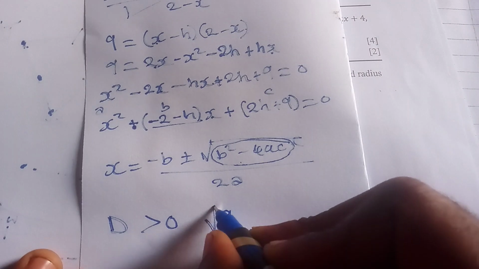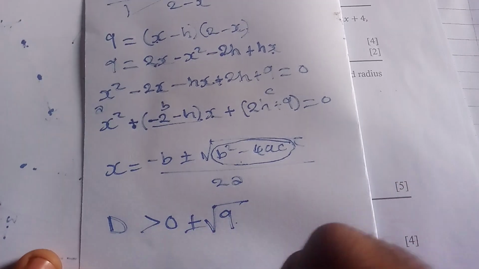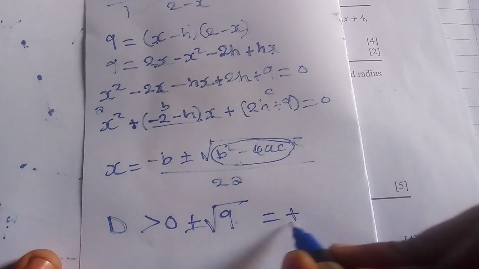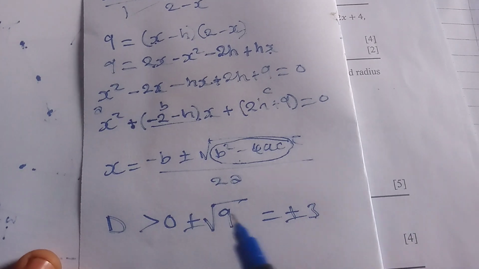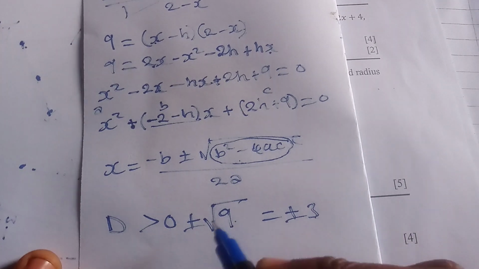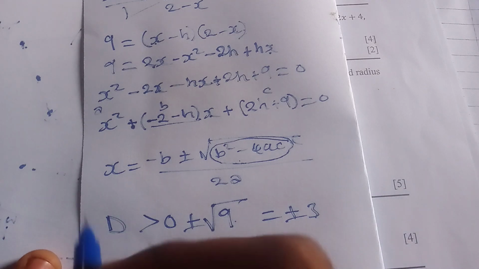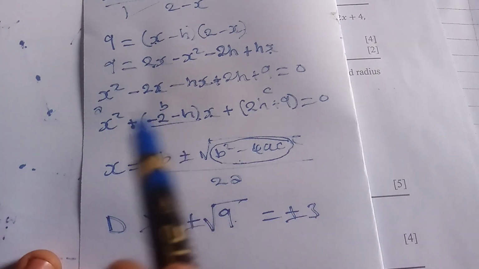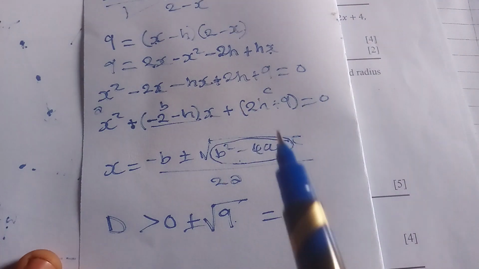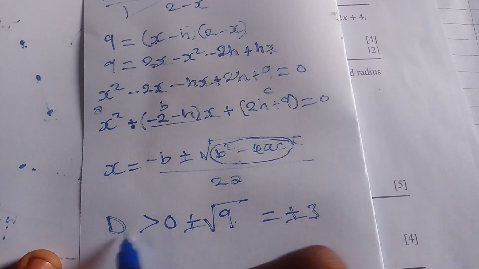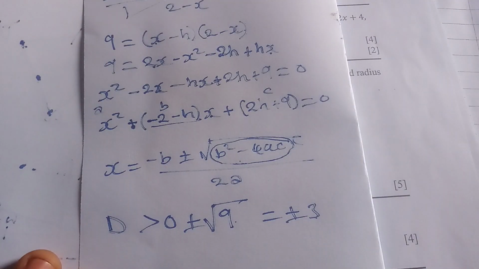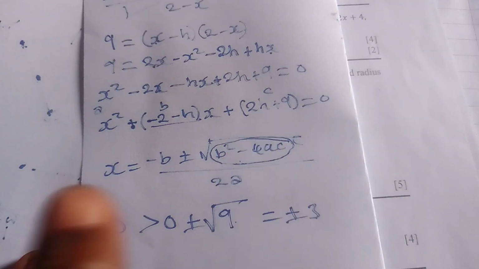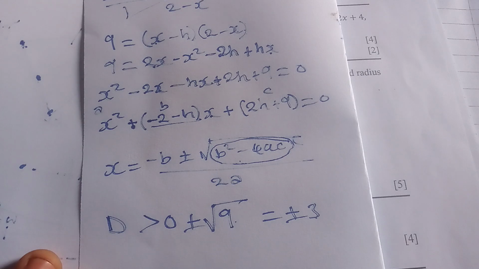So the square root of 9 will be plus or minus 3, because when I square plus 3, I get a 9. When I square negative 3, I'll get a 9. So if the two are meeting at two different points, then my d must be greater than 0 so that I have two possible solutions, meaning that the line and the curve are meeting at two different points.